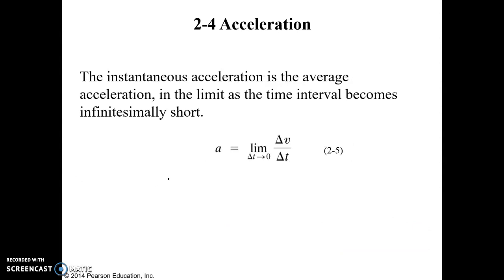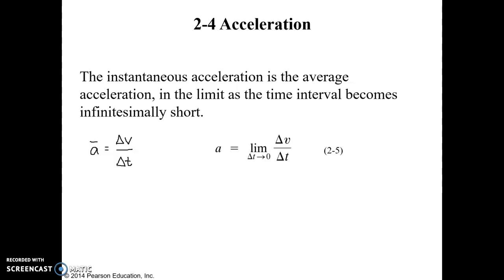Just like with velocity, we are, for the most part, going to be talking about average acceleration. So if we have an A with a bar over it, we're talking about average acceleration. That's equal to the change in velocity divided by the change in time.